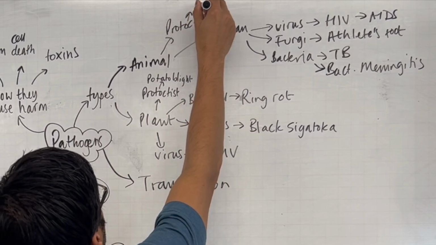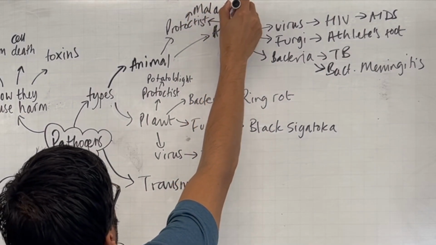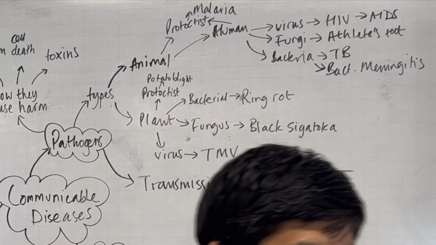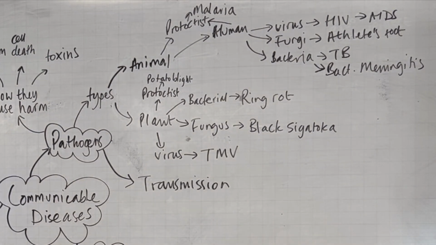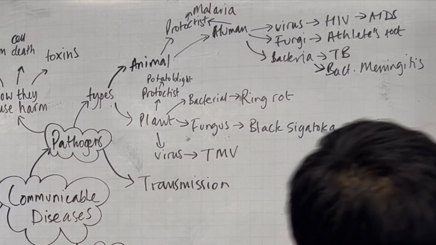So the pathogen that causes malaria is a protoctist. We can just about see that, hopefully.